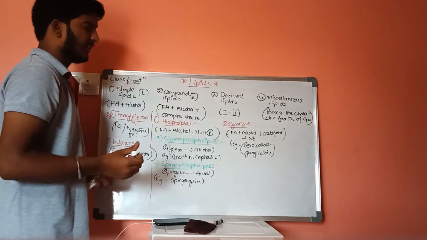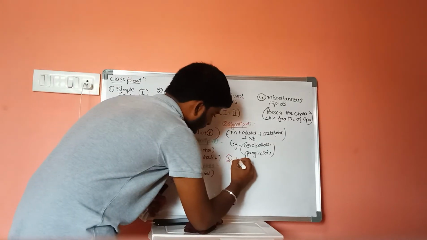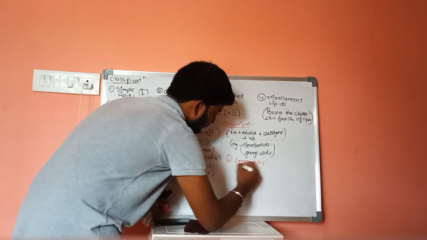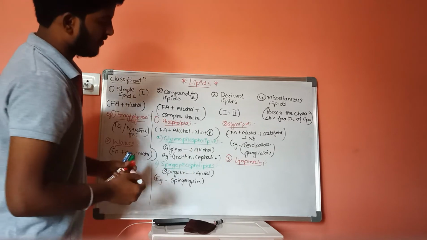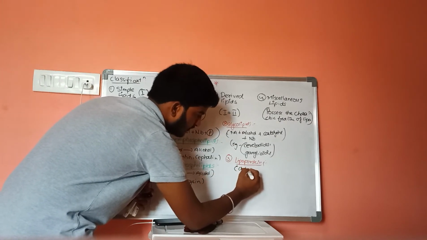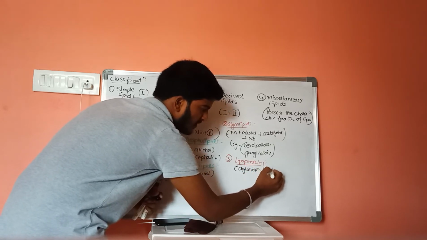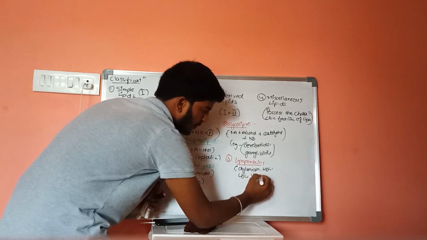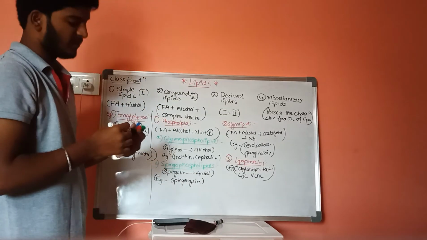And the third type is lipoproteins. These lipoproteins include chylomicrons, high density lipoproteins, low density lipoproteins, and very low density lipoproteins. These are the examples.